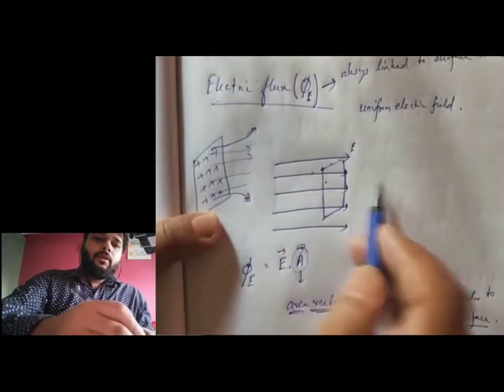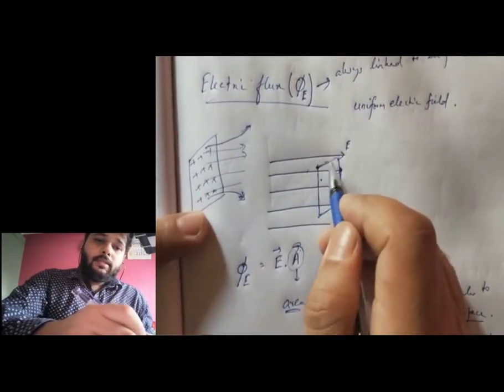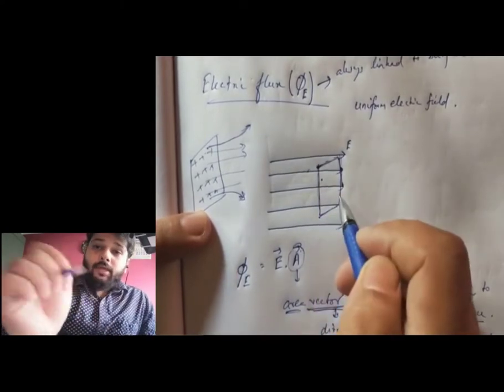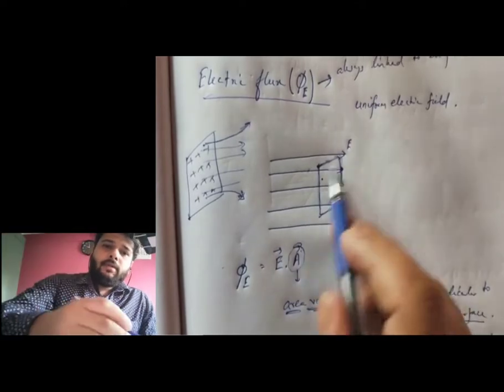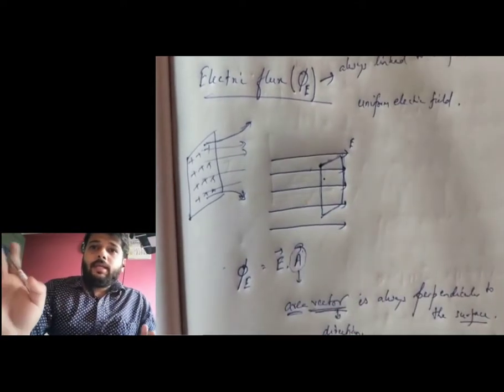Now what will be the area? See, this is the surface, and for talking about electric flux we must have a surface area. So we have a surface area, we have electric field, so we can talk about electric flux.